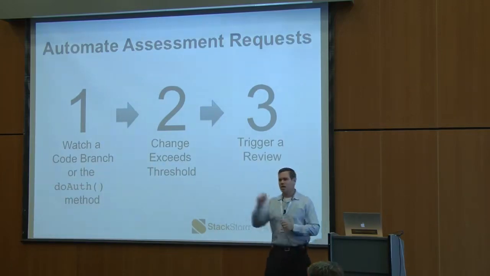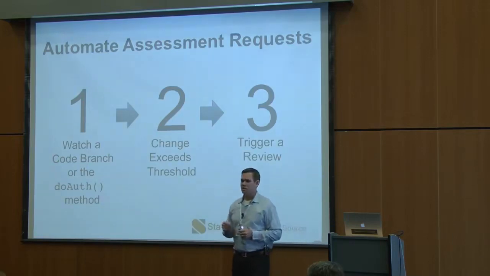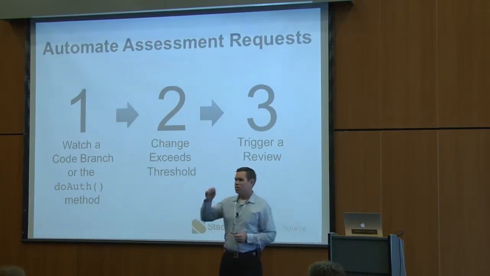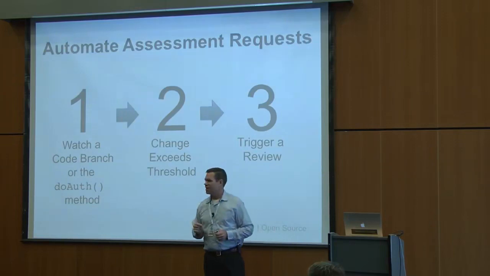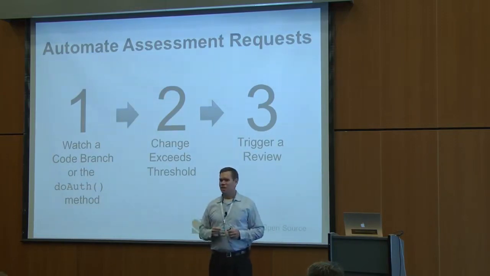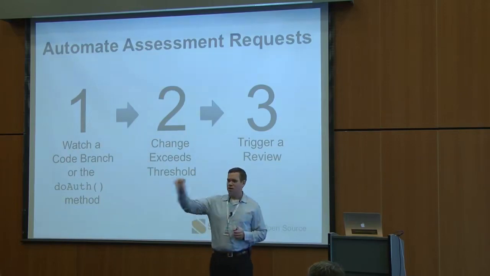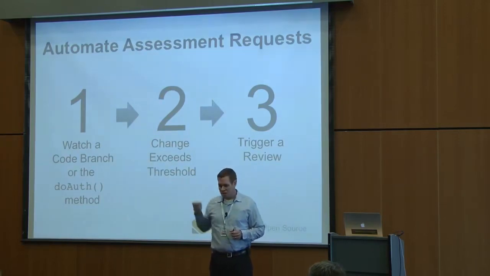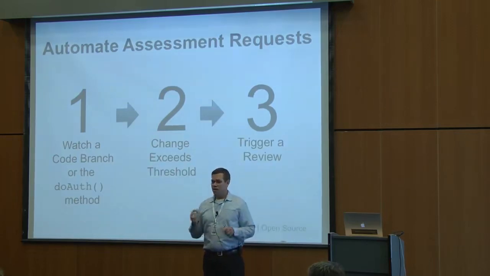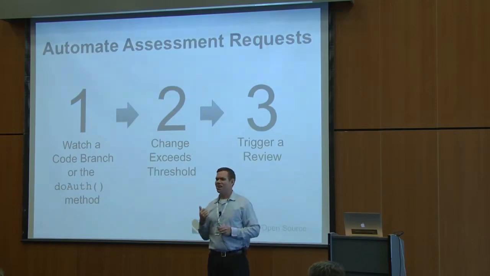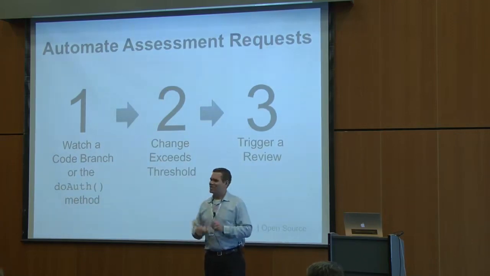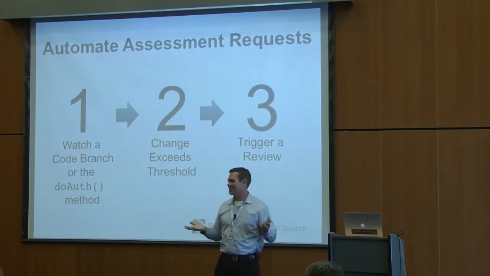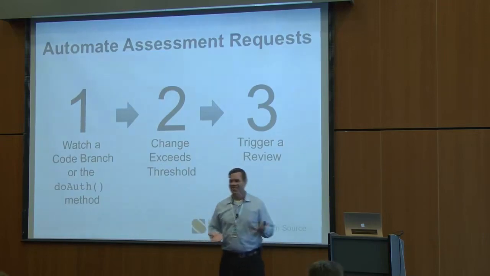Or maybe there's a method for authentication or authorization, and if that thing is touched, somebody has to do a manual review. So you use StackStorm to monitor your GitHub account, and as soon as that file changes, it triggers a manual engagement with a manual code review, and then you go back to the app team and say, hey, I saw you change that file. There's a little problem with this on such and such line. Would that be awesome, right?